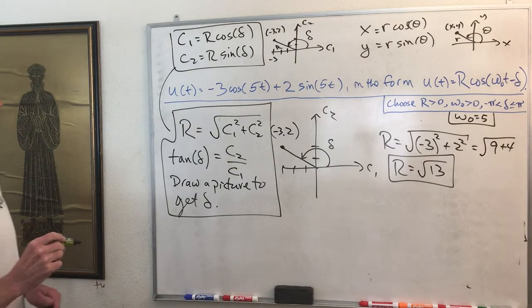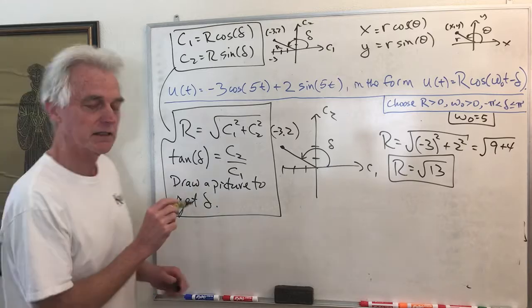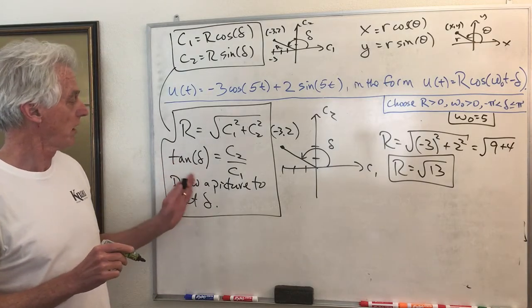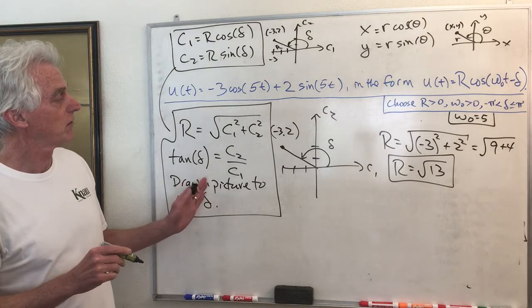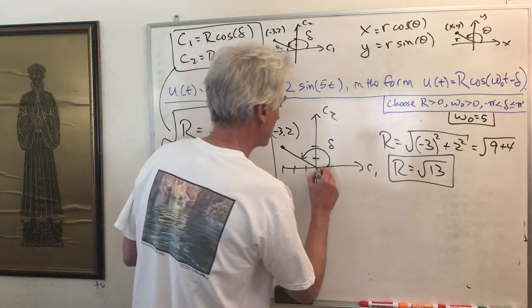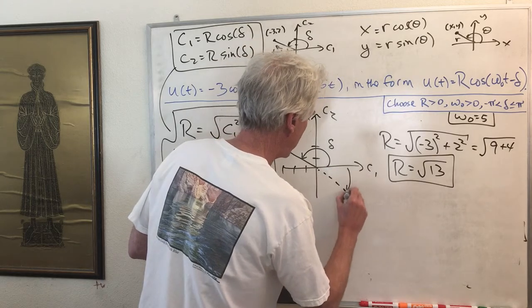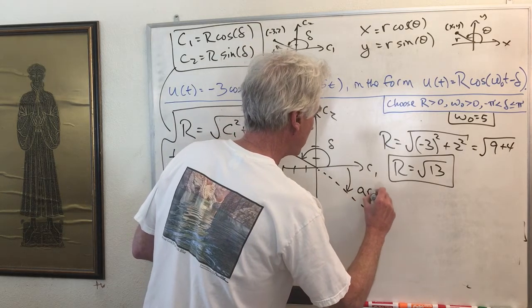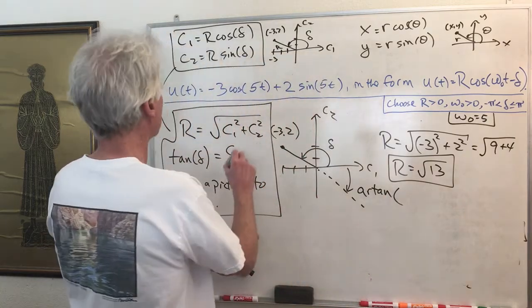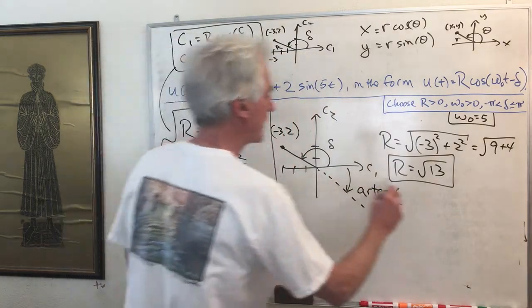But arctangent, I'm going to find delta by using an arctangent. But arctangent of 2/3 would be this angle here. This is the angle arctangent of C2 over C1, 2 over negative 3.